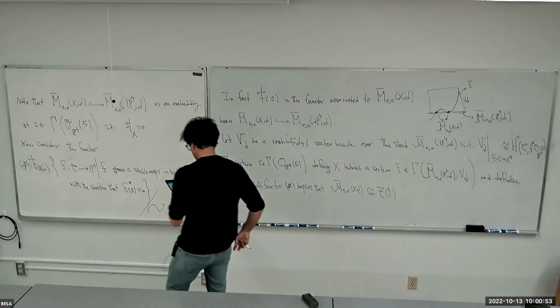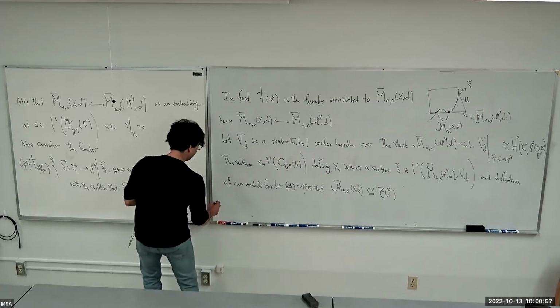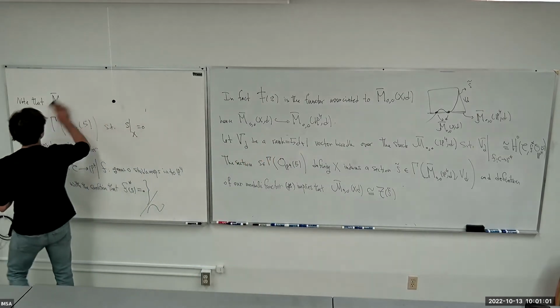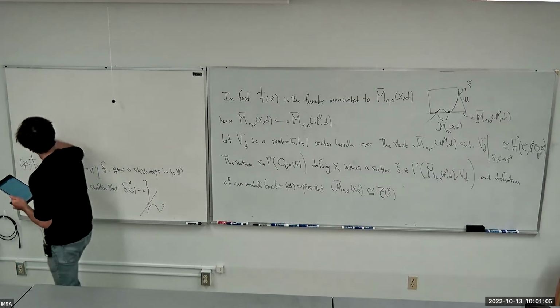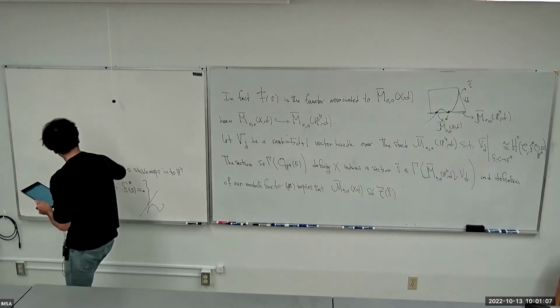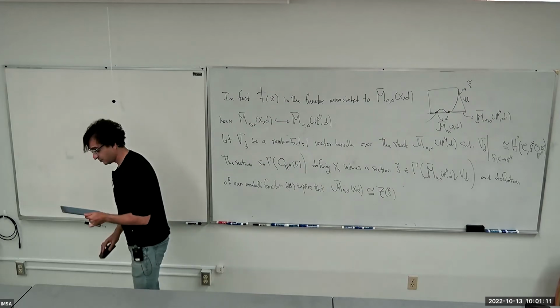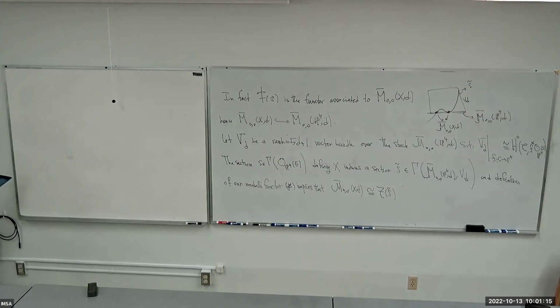So remember that this is only true for M bar 0, 0, by the way. Genus g, n doesn't work. You lose the smoothness and everything. These are examples.